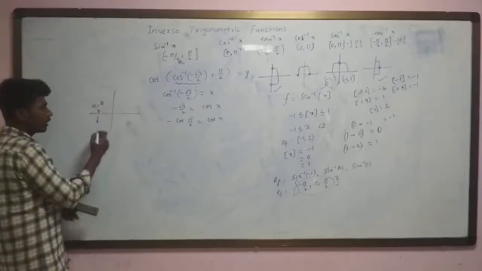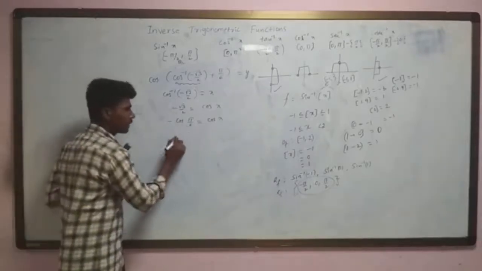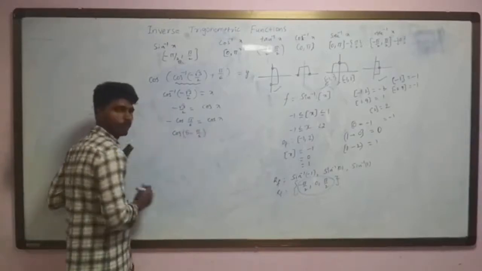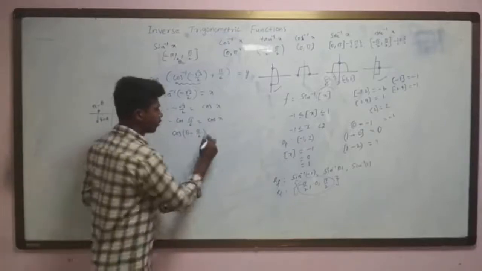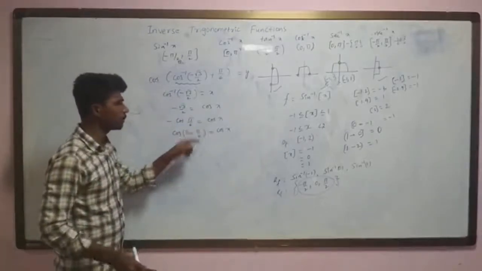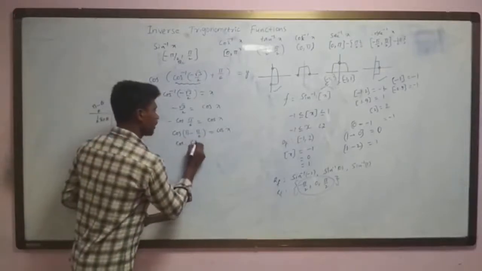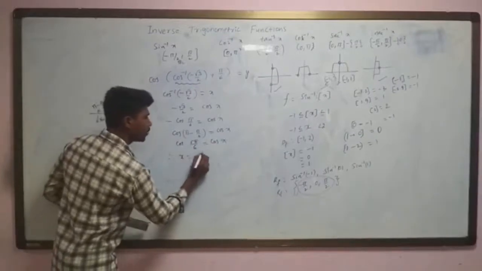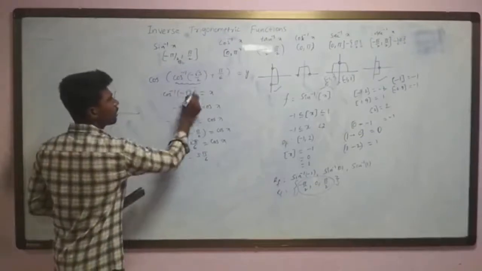If I want to convert into the third quadrant, we write it as pi plus theta. So this can be rewritten as cos of (pi minus pi by 6), which lies in the second quadrant, equal to cos x. Pi minus pi by 6 is 6 pi minus pi by 6, 5 pi by 6. So cos 5 pi by 6 is equal to cos x. Therefore, x is equal to 5 pi by 6.